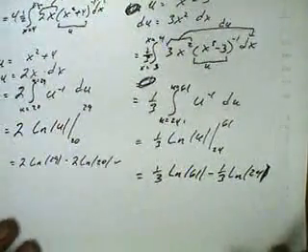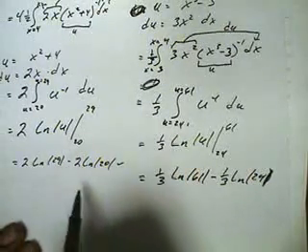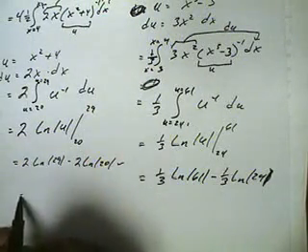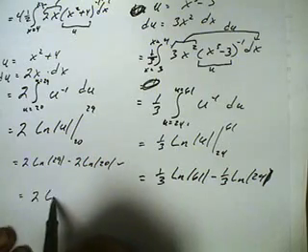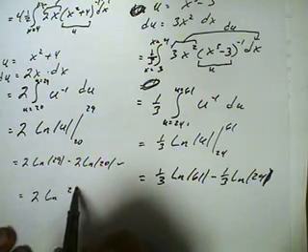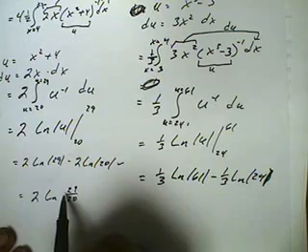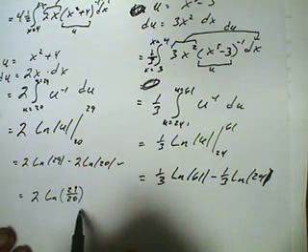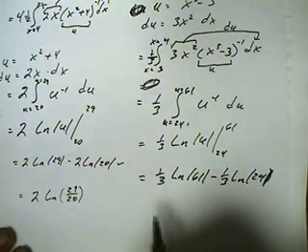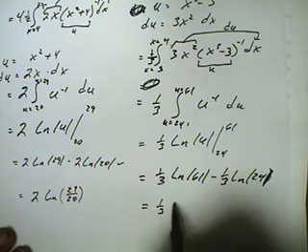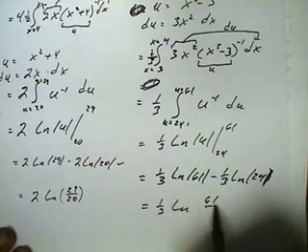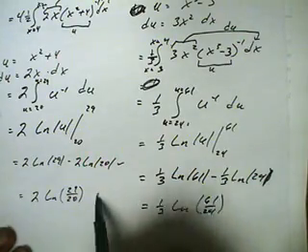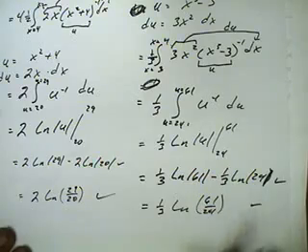Okay, now these two can be simplified a little more. I can combine these two logarithms by making this 2 natural log of 29 over 20. And this one can be combined to be 1/3 natural log of 61 over 24. So any one of these would be correct.